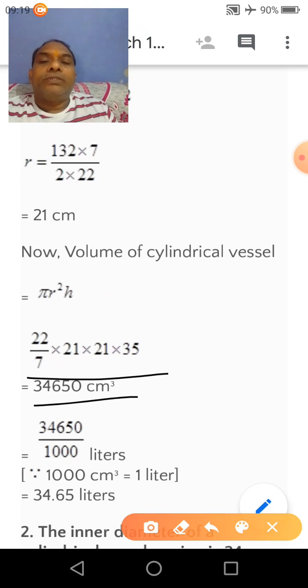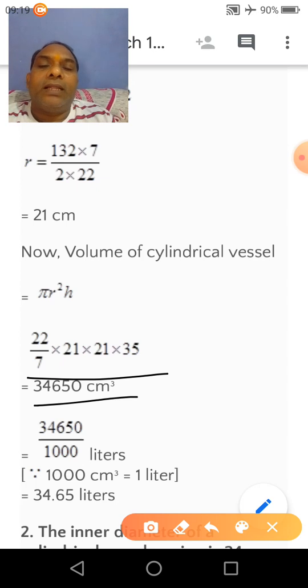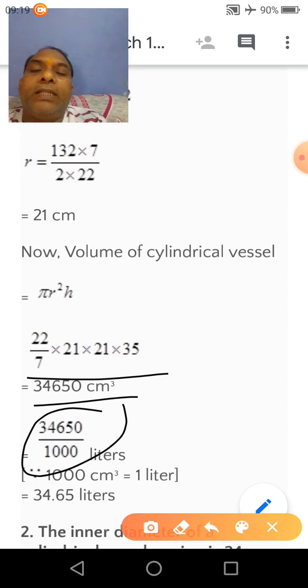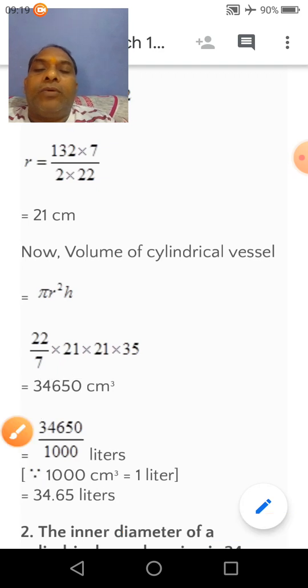Now because 1 liter is equal to 1000 centimeter cube, so convert centimeter cube into liter. To convert centimeter cube into liter, you have to divide it by 1000. So divide it by 1000, so 34.65 liter is the answer. Clear? Now see the next example.